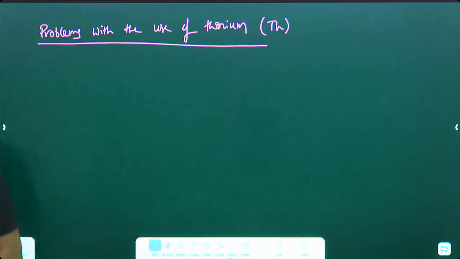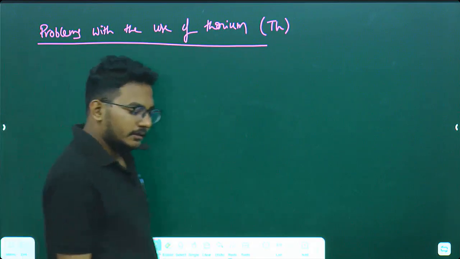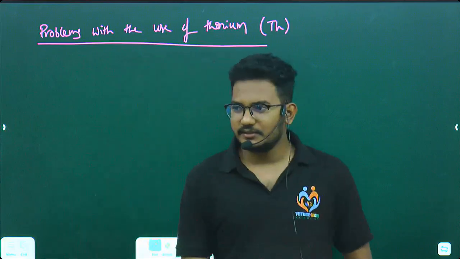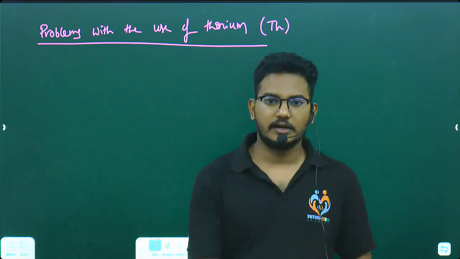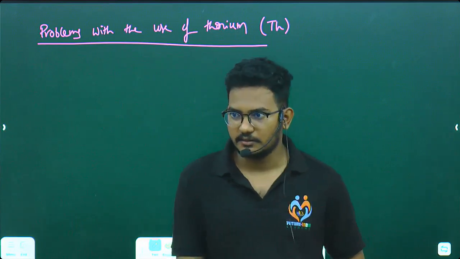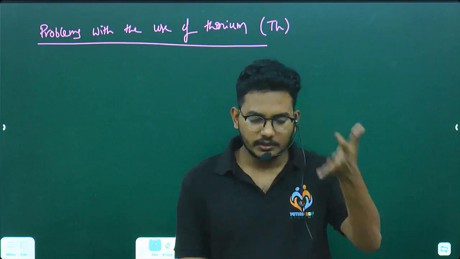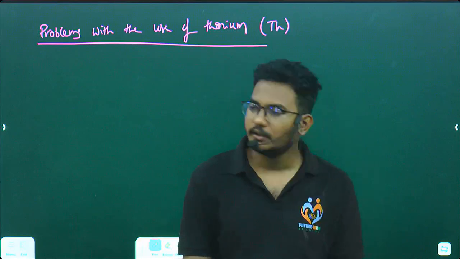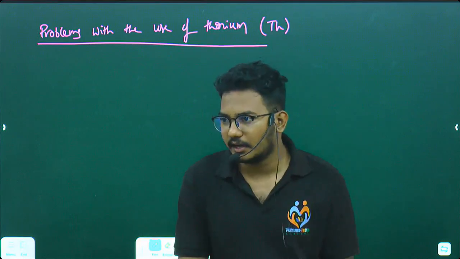Simple, I have already explained these things, but now we are writing systematically. See, I have told you thorium will be used in the fast breeder reactors.